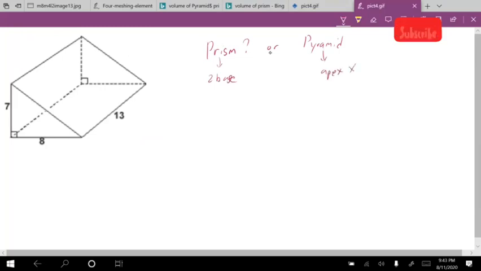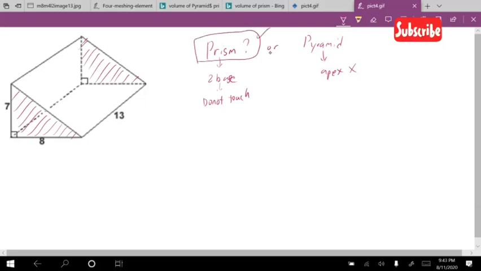We do not have an apex. And we have two bases that do not touch each other. So our bases will be this triangle. So that's a prism, right? Can we name this? Yes, because we know the shape of the base. The base is a triangle, so it's a triangular prism.